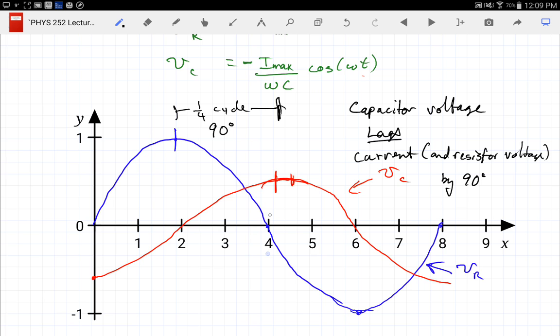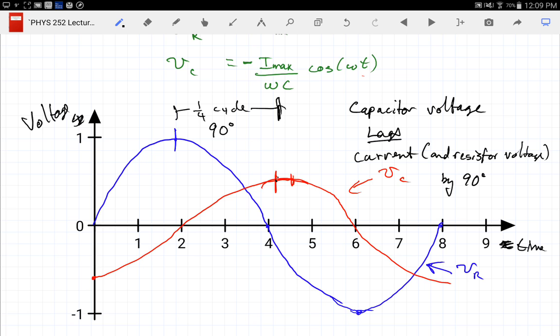It lags because this is a later time. The x-axis here was time. The y-axis was voltage. And so it's a later time when you reach the peak for the capacitor.